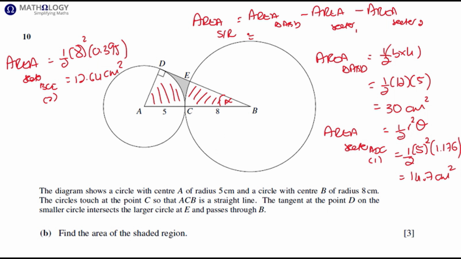So the area of the shaded region will be 30 centimeters squared minus 12.64 centimeters squared minus 14.7 centimeters squared, which equals 2.66 centimeters squared.